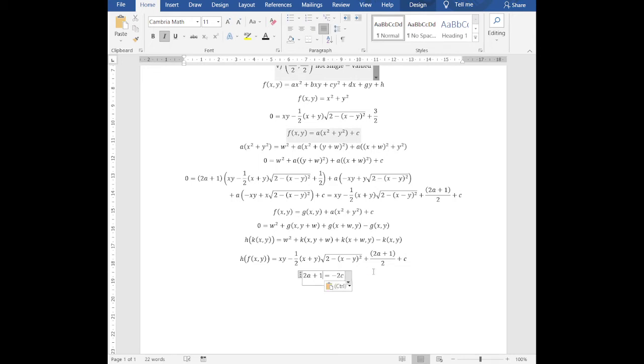I guess, actually, it will just cancel. That's pointless, I don't need to do any of that. It will just cancel when c is equal to minus this.